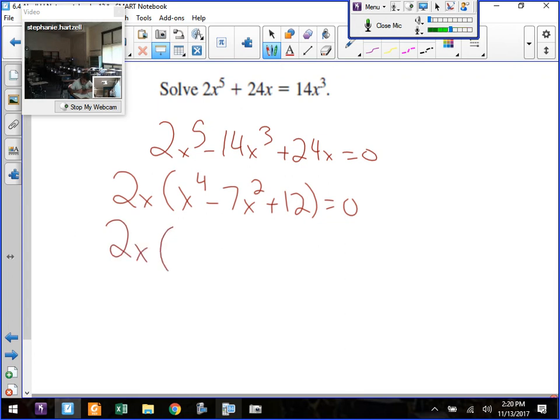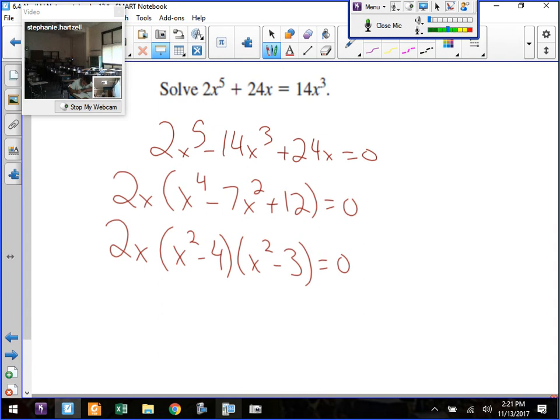So we have 2x, x squared minus 4, x squared minus 3 equals 0. Do I have to continue to factor this the rest of the way? I know that I can factor x squared minus 4 and rewrite it, but do I need to? I don't need to because it says equals 0.